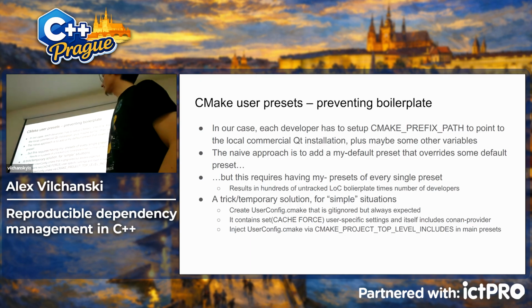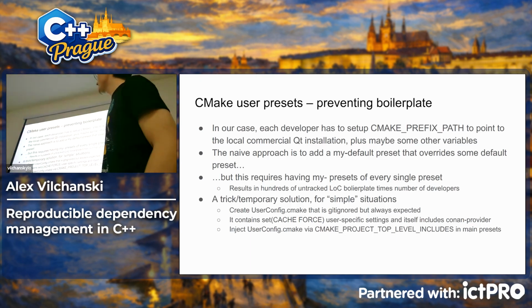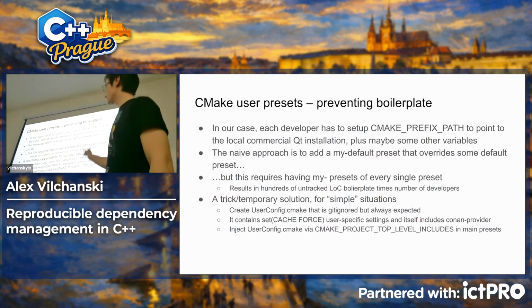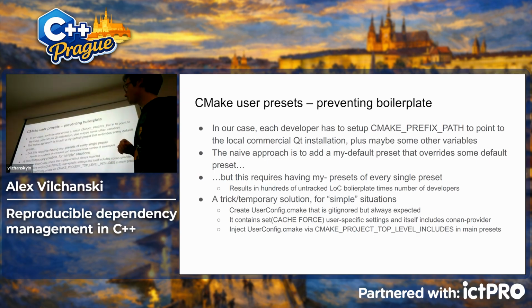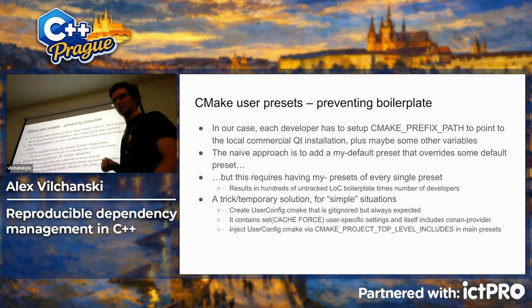So that's a neat trick that I think may work. And in terms of combining this with the Conan provider, you just call include() and include your Conan provider in your user config.cmake, and it should work, I think.